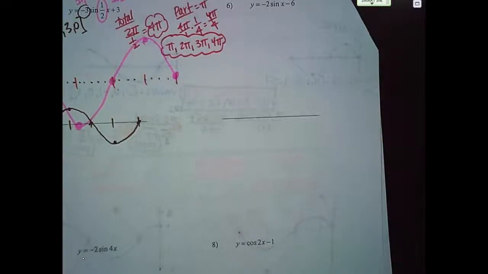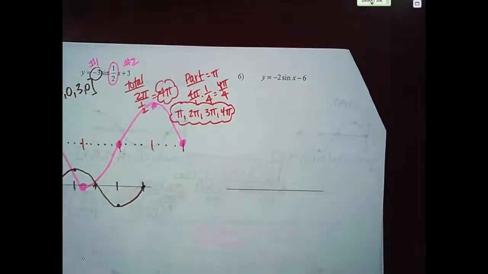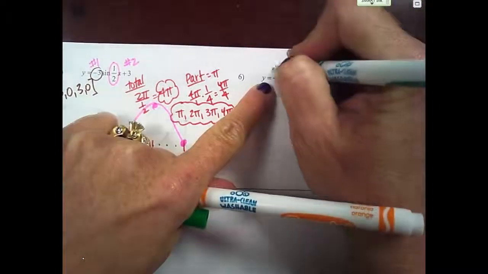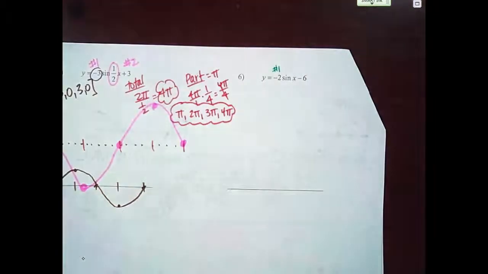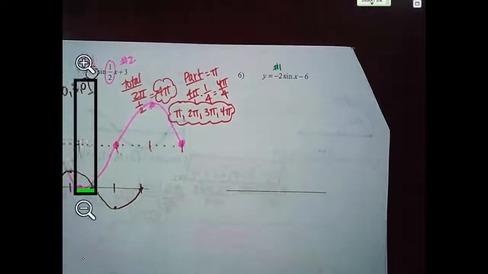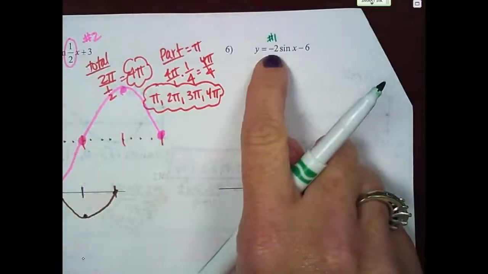1, 2, and 3. Step 1, remember, we like to start at the beginning, which is here. This is step 1. You look and see if there's any change in your amplitude. On this problem, is there a change in your amplitude, guys? What is it? Yeah, -2.